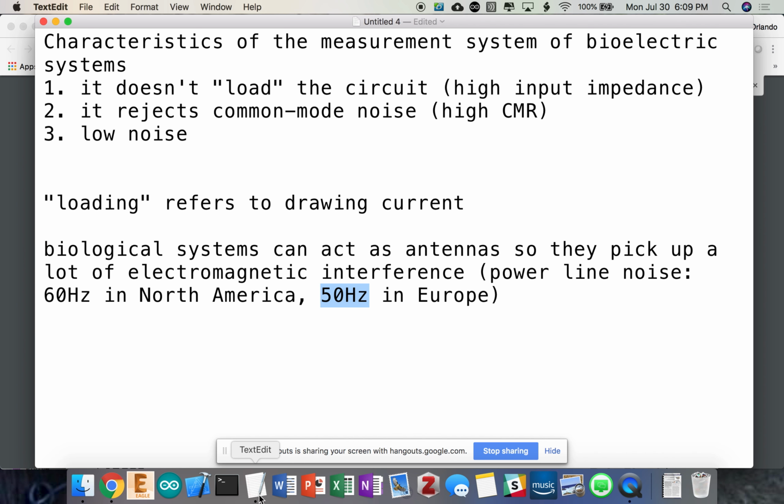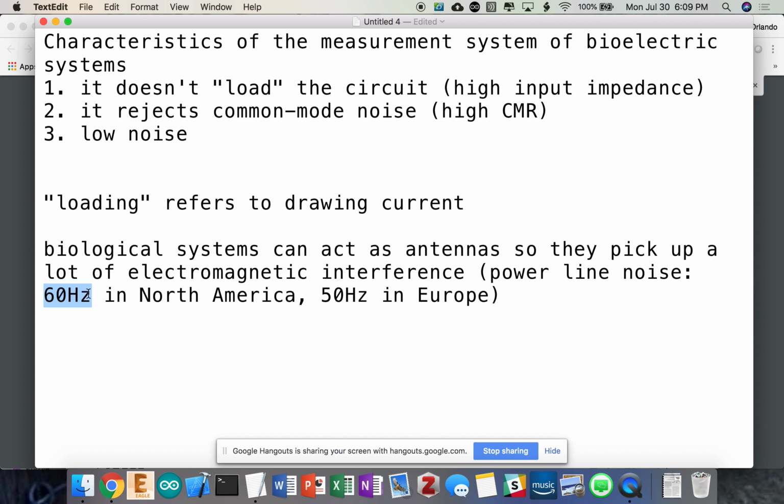And so you have two measuring probes, like you do with a voltmeter. You take a multimeter, you put the positive probe on one side of your circuit, and you put the negative probe on ground. You do the same thing when you're doing biopotential measurements. Because your body's acting like an antenna, you have power line noise, basically, I don't want to use the word radiating, but radiating all throughout your body.